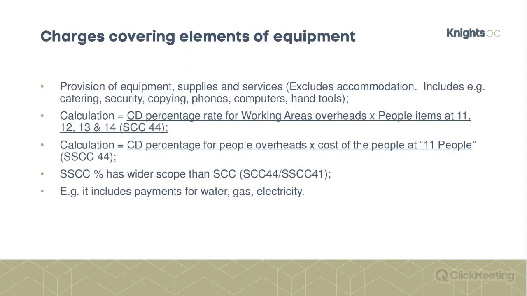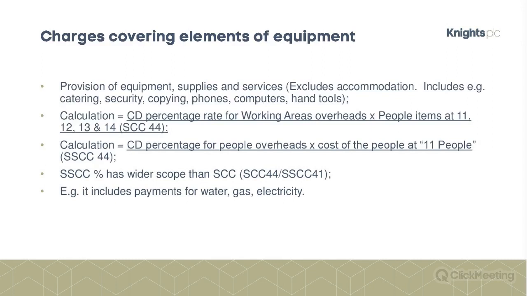So the next two bullet points deal with the percentages. There's a slightly different way of calculating for the schedule of cost components, which is the first one, as opposed to the shorter schedule. As you would expect, the shorter schedule has a wider scope than the schedule, and the simple reason is that all you're using the shorter schedule for is compensation events.